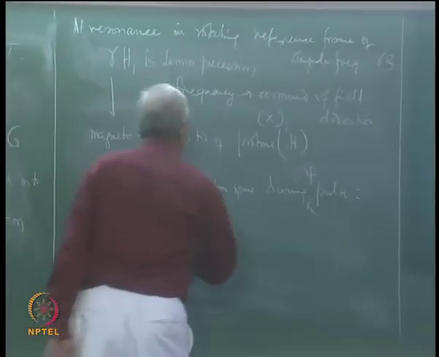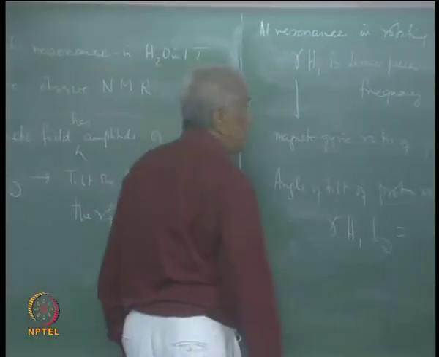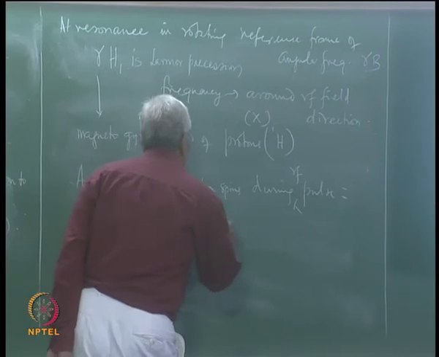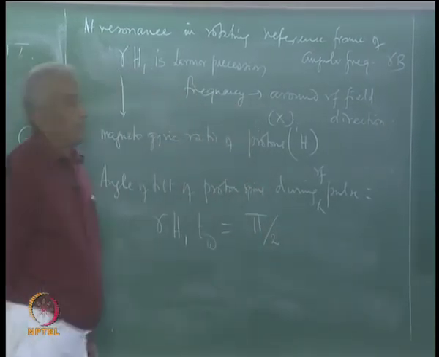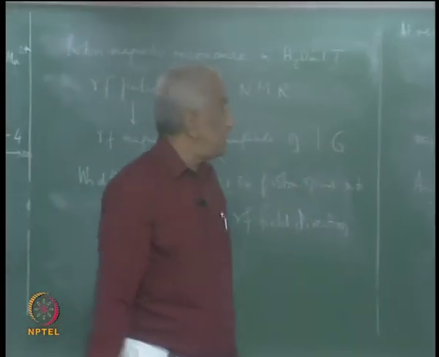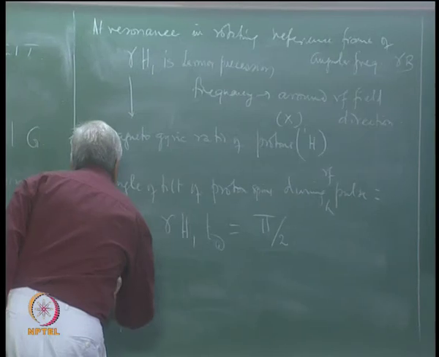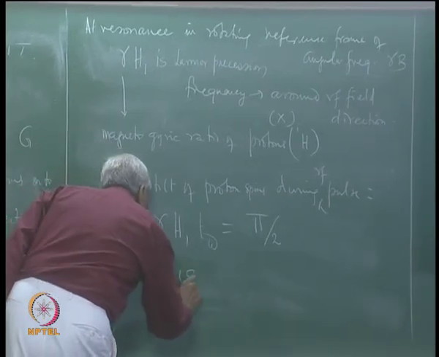Since it goes from the z direction to the x direction, which is that of the RF field, this angle is given to be pi by 2. So, substituting the value of gamma and the field amplitude, we get the pulse width as 60 microseconds.